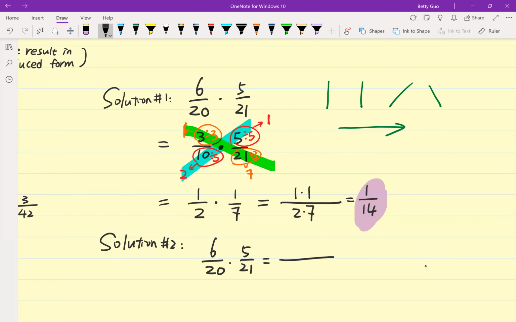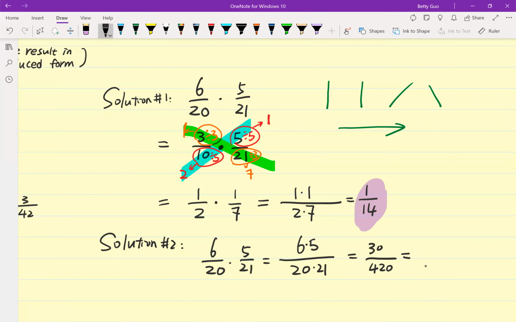We know the top of the product is going to be the product of the top. So 6 times 5, which is 30, right? And then we multiply denominator by denominator. 20 times 21, what is it? 420, right? You're going to have a big number like that. And then you have to reduce it.